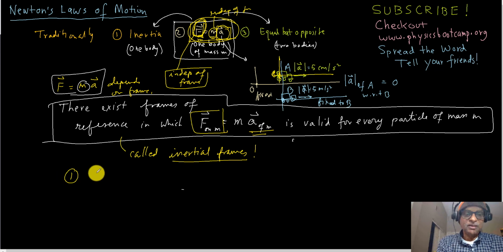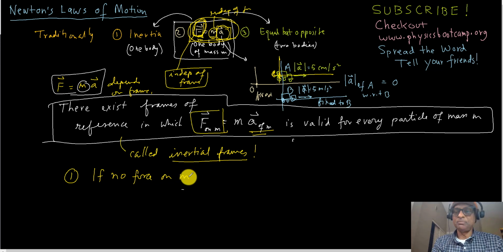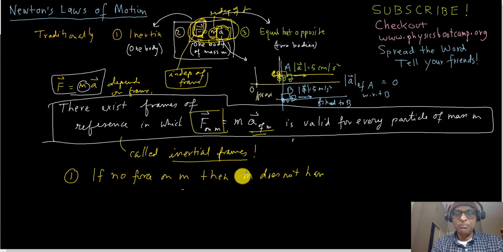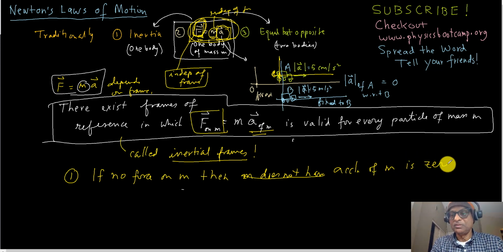So if there is no force on m, this particle, then m does not have acceleration. Acceleration of m is 0. So if acceleration is 0, then its velocity cannot change.